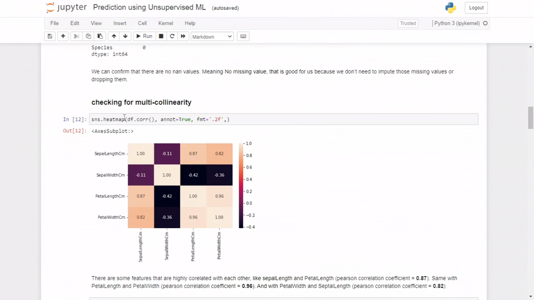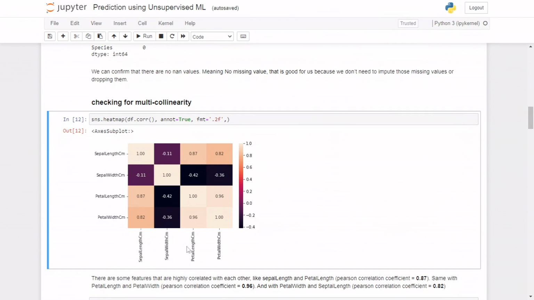We are checking for multicollinearity using Seaborn and we can see that there is a very high correlation coefficient between sepal length and petal length, and between petal width and petal length.